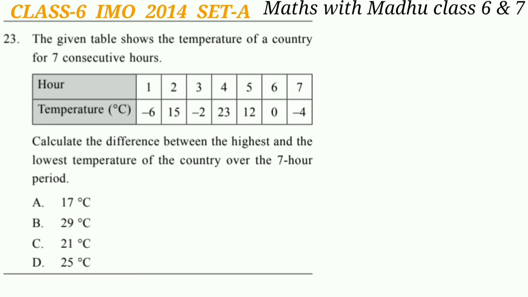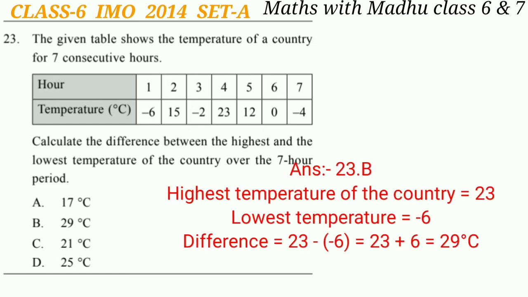The highest temperature of the country is 23 degrees centigrade and the lowest temperature is -6 degrees as given in the table. So the difference will be 23 minus -6, minus minus becomes plus, so it will be 23 plus 6. We'll get 29 degrees centigrade. So the answer will be option B.